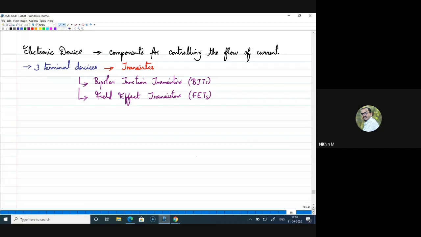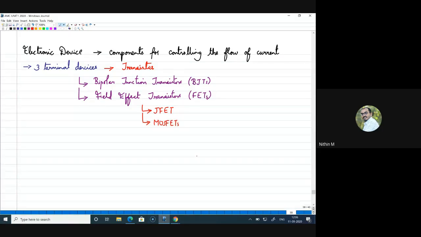There are various FETs available, and if I look further into the categories of FET, we end up with several FETs, and the prominent ones we usually discuss are JFETs and MOSFETs.